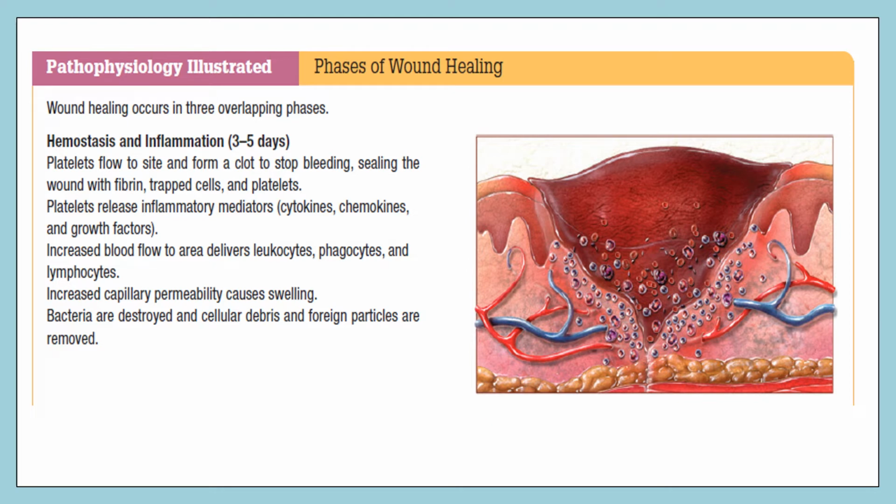And then you can see that it starts to almost knit together from the bottom up as epithelial tissue fills it from the bottom up. This tissue here, the scar tissue, is heavy in collagen. It's a little bit less flexible, a little bit less stretchy, a little bit less vascularized, and that can contribute to slow wound healing. So make sure that you're aware of the different stages of the wound healing here.